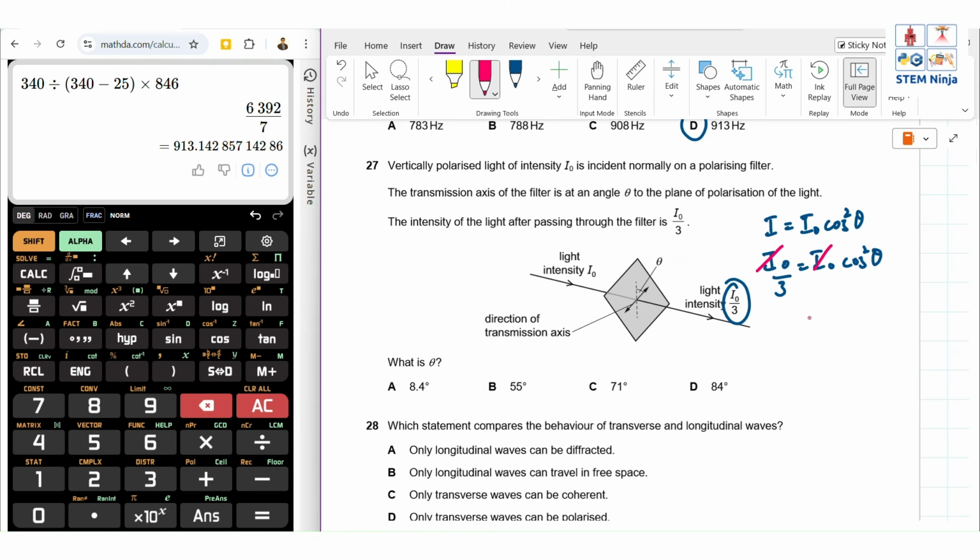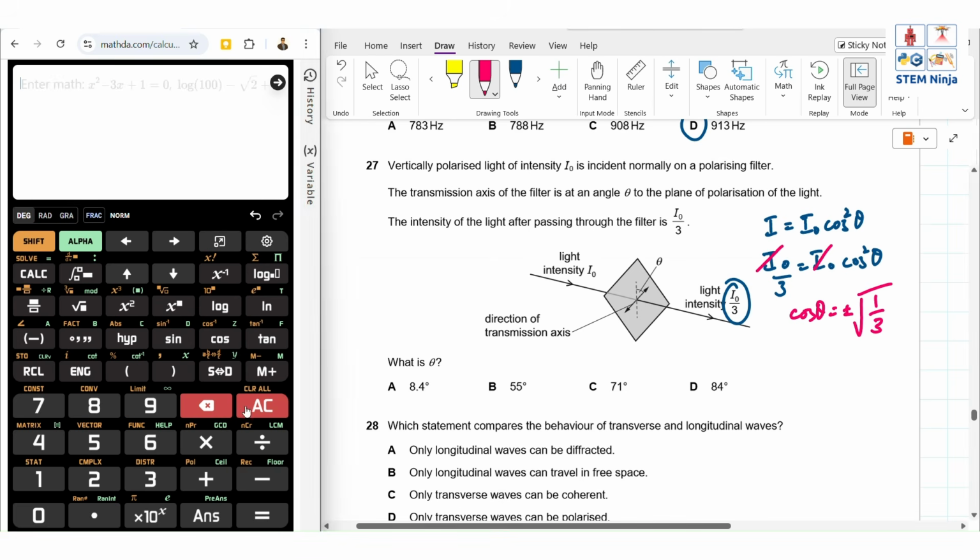So I naught gets cancelled. So this means that cos of theta would be plus minus root 1/3. So we just need to figure out what is the cos inverse of square root of 1/3. So this is 54.7. So this is B.